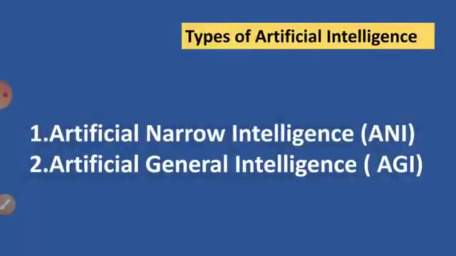Now, types of artificial intelligence, children. Artificial intelligence can be categorized into two different types: artificial narrow intelligence and artificial general intelligence, or we can also say ANI and AGI. Narrow intelligence systems are the systems that are in use today.